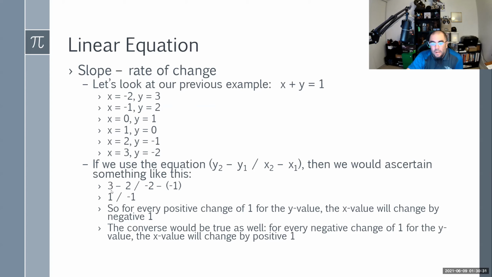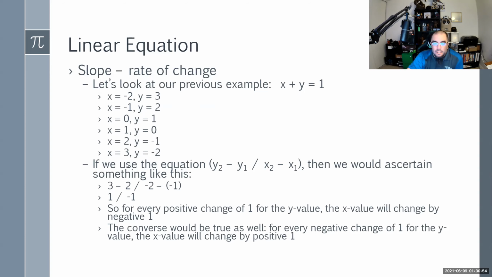So here we picked y2 is 3, and x2 then would be -1. And then we picked y1, which we picked 2, and then we picked -1 because that's x1, those match up.